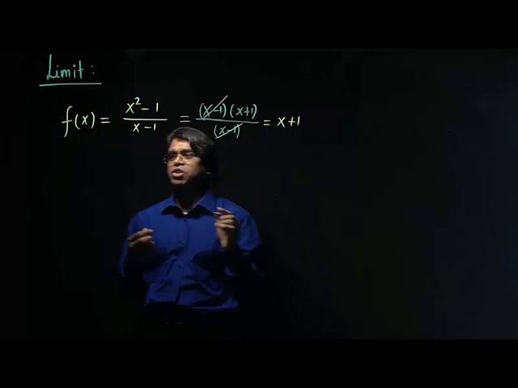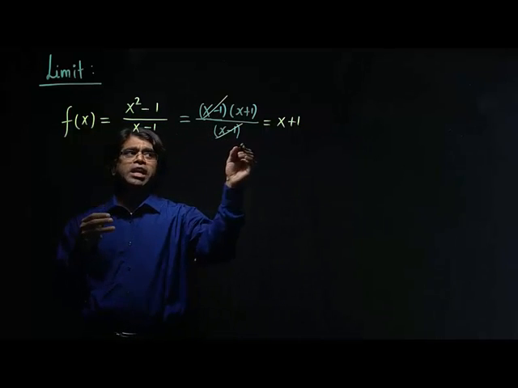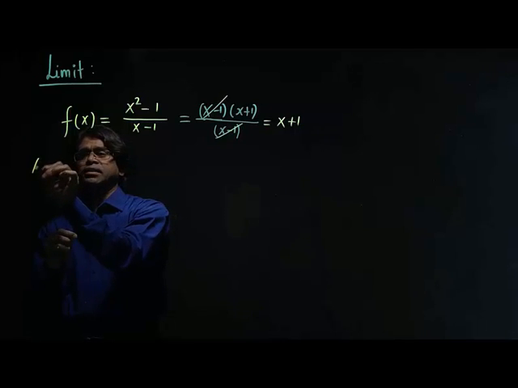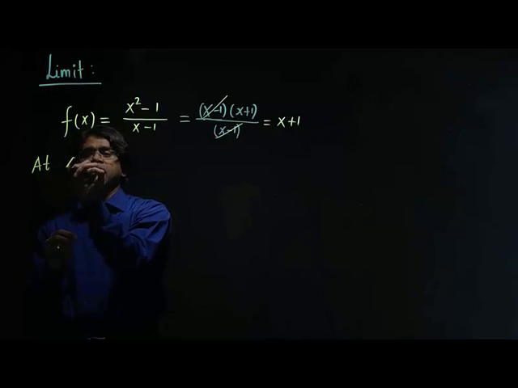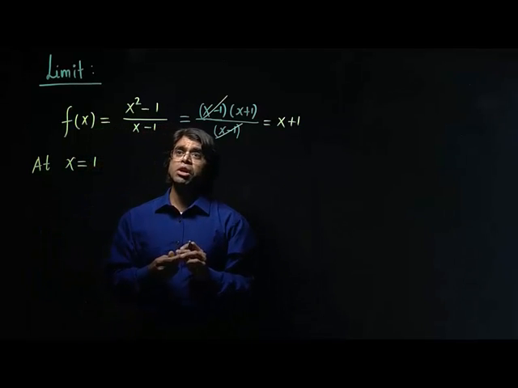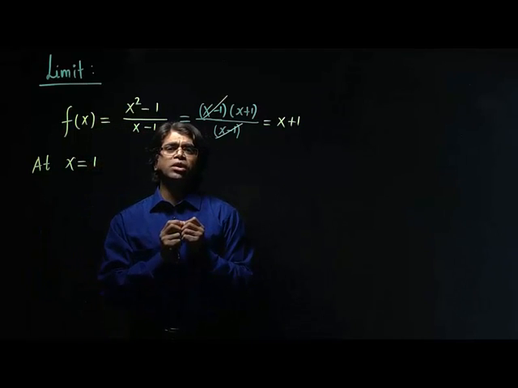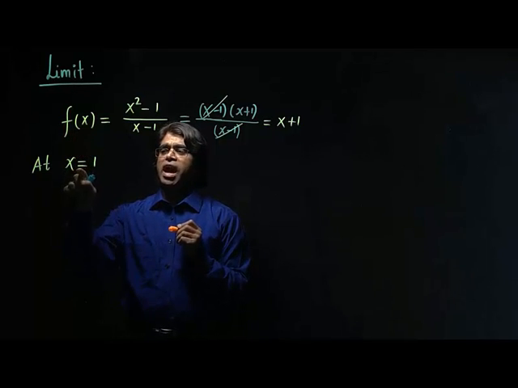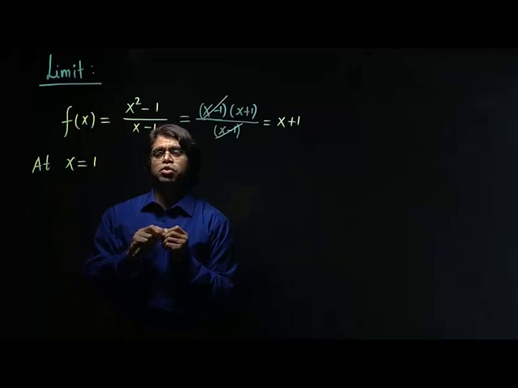Now, if I ask you, can you define this function at x equals 1? The first thing you want to do is check the value of function f(x) at x equals 1.